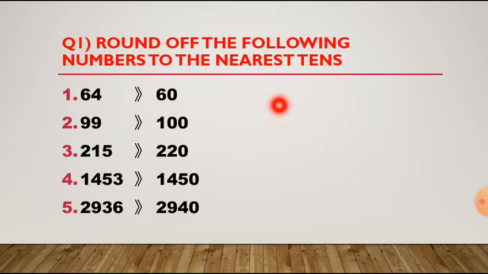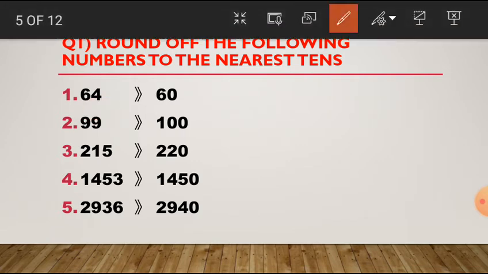Now look at the question. It is 64. In the number 64, which place do we have to check? Yes, we have to check the ones place digit, that is 4. So here it is 4, it is less than 5.